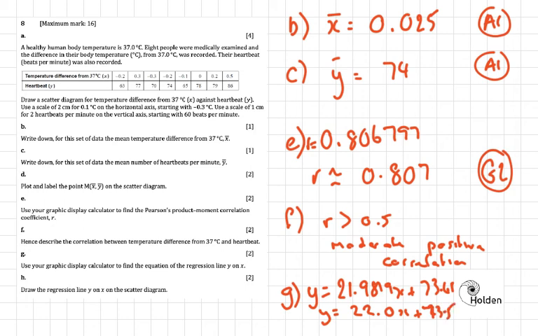Then it says draw the regression line on the scatter diagram. So those are your values. This is an A1 for moderate, A1 for positive, and then you get an A1 for the 22.0, sorry, a G1, and a G1 for this value.